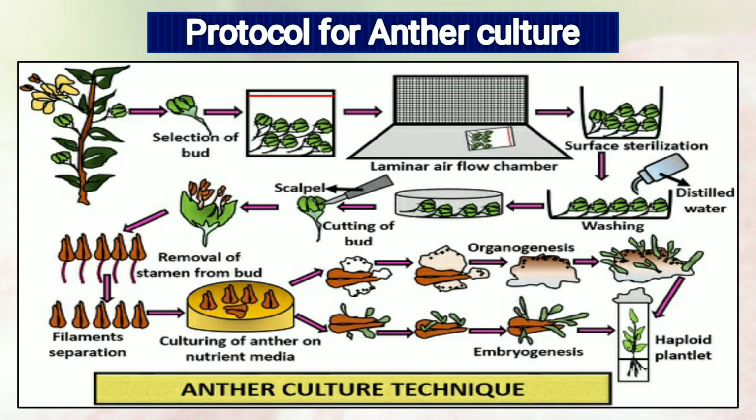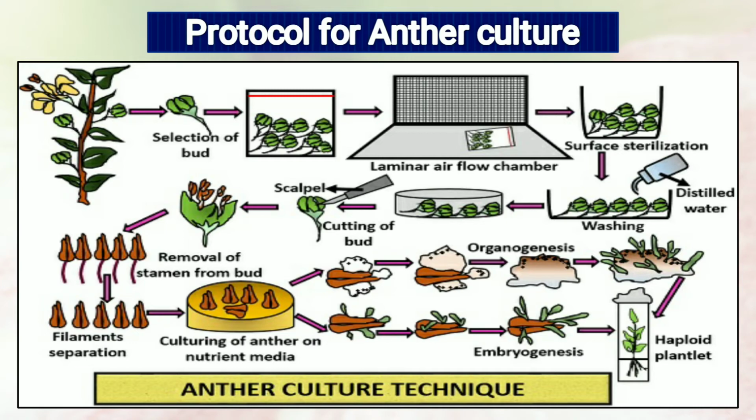The protocol for anther culture is, first, collect the flower buds of any crop, for example Nicotiana tabacum flowers. Normally flowers from 3 to 4 month old plants are selected.